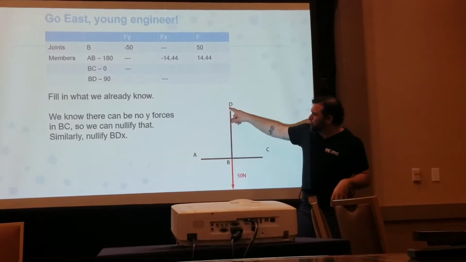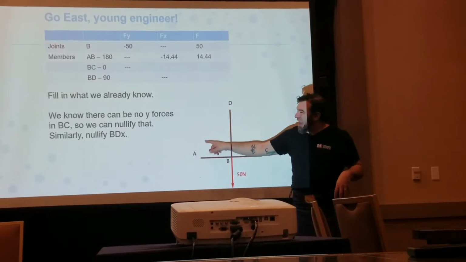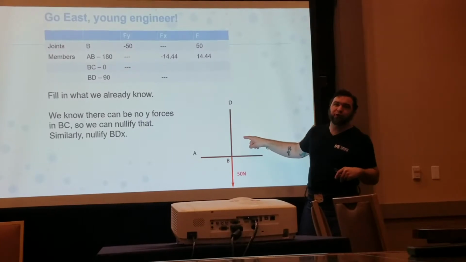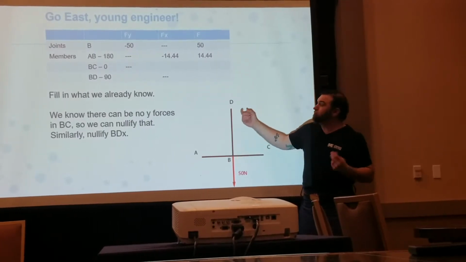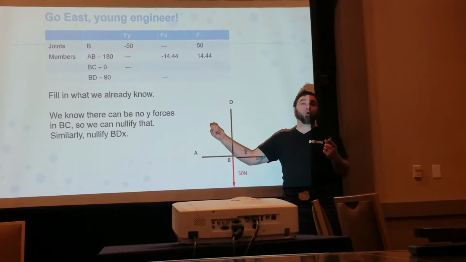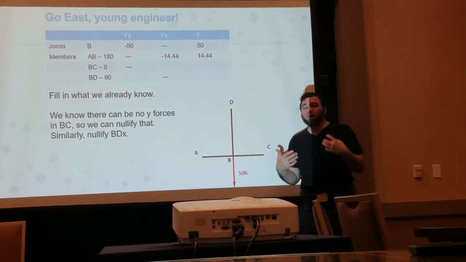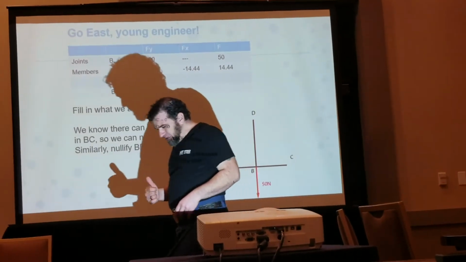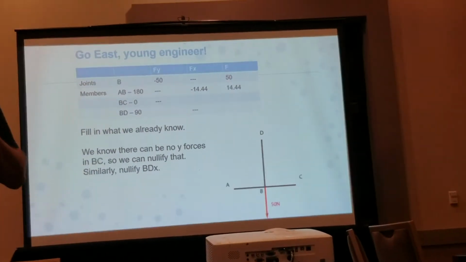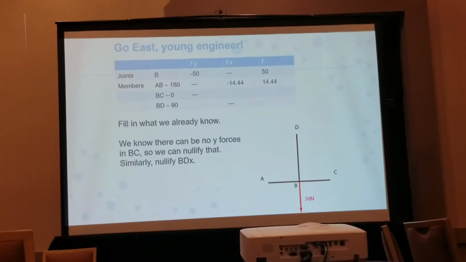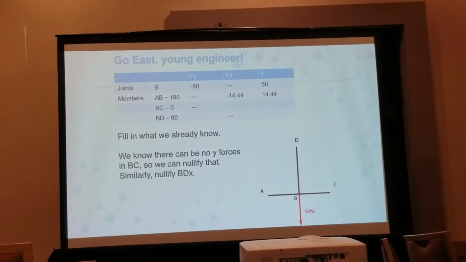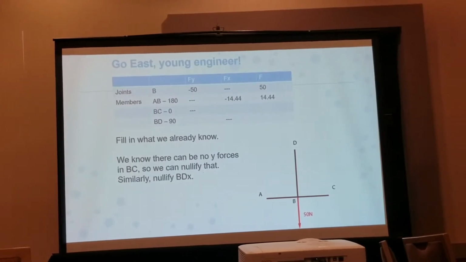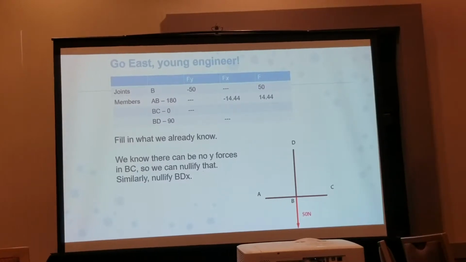Meanwhile, if we had gone up to joint D, we already know AD, but that leaves us with 2 unknowns in Y. Interestingly, it only leaves us with 1 unknown in X, so we actually could solve D as well. But for our purposes, this is going to be a better pattern to go with when we're dealing with Warrens with verticals. With Warrens with verticals, we're going to want to go in a square wave, but we'll talk about that later.